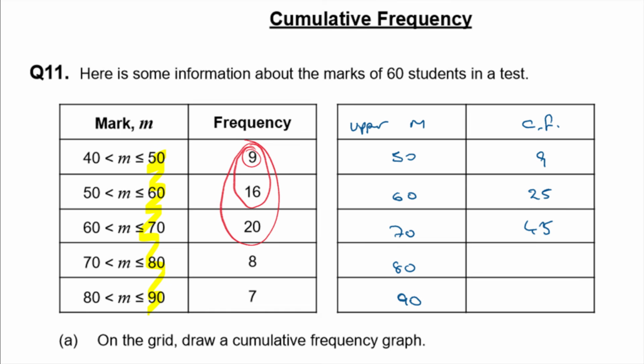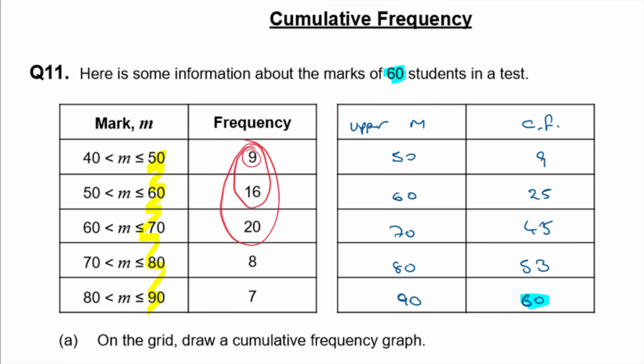And then my next one is going to be 45 plus 8, so that's 53, and the next one after that is going to be 53 plus 7, which is 60. It's always worth double checking at the end that your value here matches the number they tell you up here. That's a good check, isn't it? So yeah, all matches up, all good.